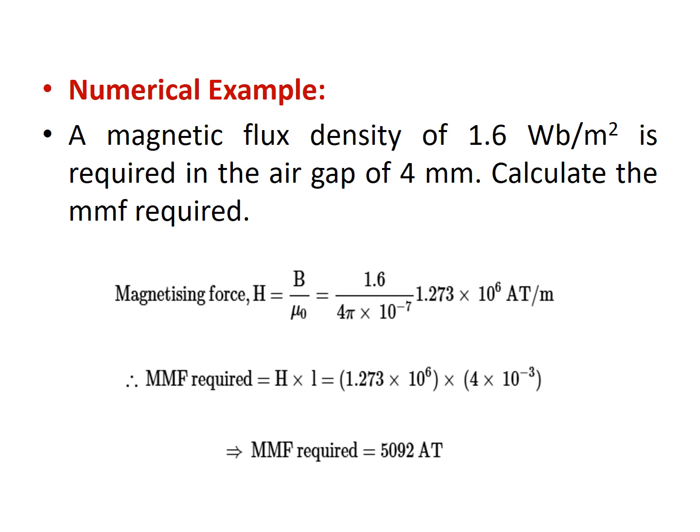Put the value of B equal to 1.6 Weber per meter square, and mu 0 equal to 4 pi into 10 raised to minus 7, and calculate H. So H equals 1.273 into 10 raised to 6 ampere turns per meter.